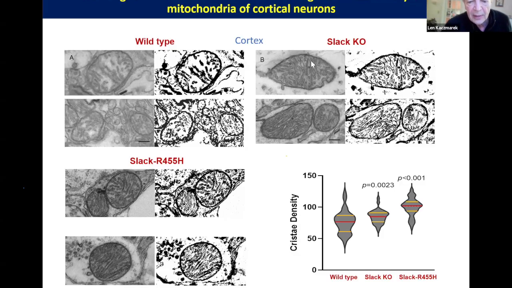So somehow Slack channels, KCNT1 channels, are hooking up to metabolism. We speculate this is a part of what's underlying the problems in the synaptic plasticity, but that this is a wide open area. So I'll leave you to think about that because I'm still thinking about it.